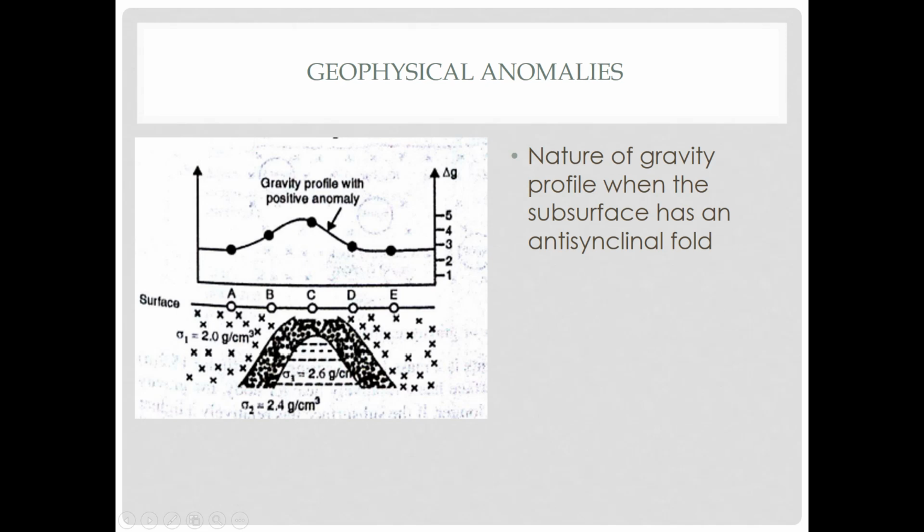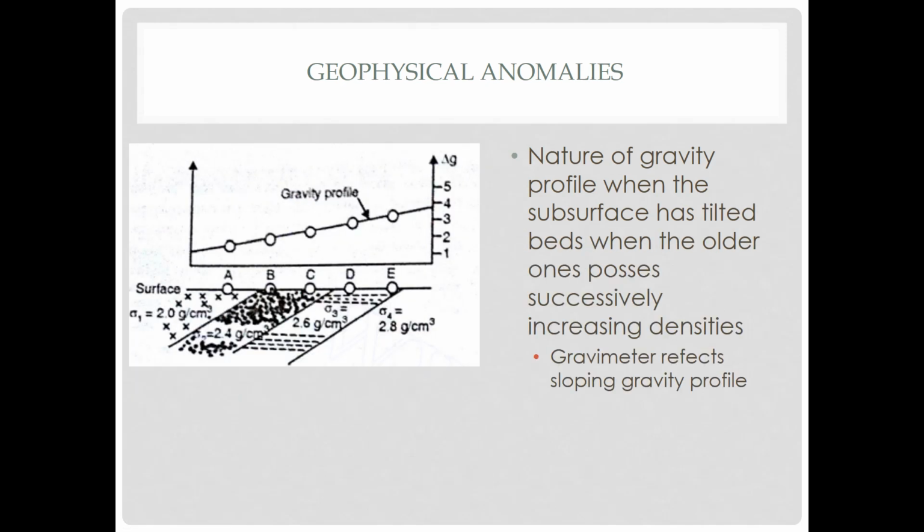So that is lighter than that of the majority of the central material of 2.6 gram per cubic centimeter. So hence, just the same, it will produce a positive anomaly on the gravity profile.